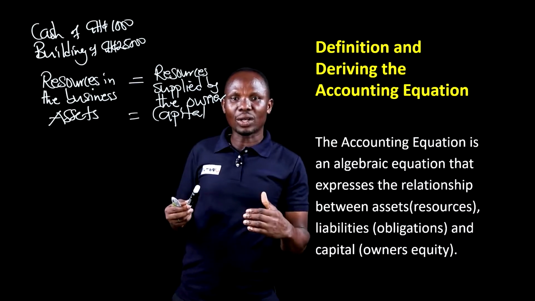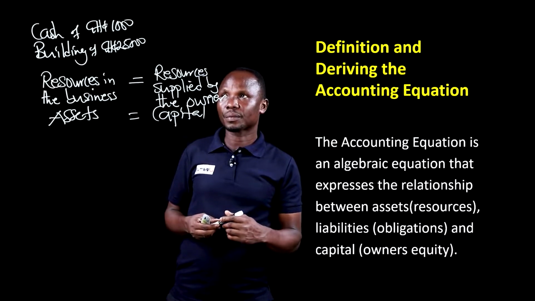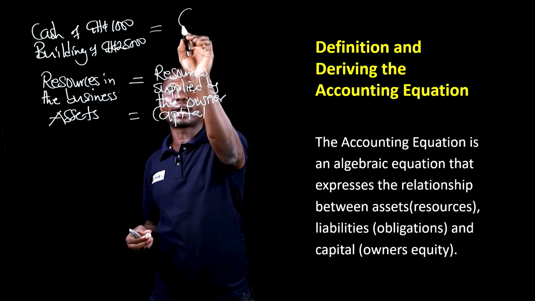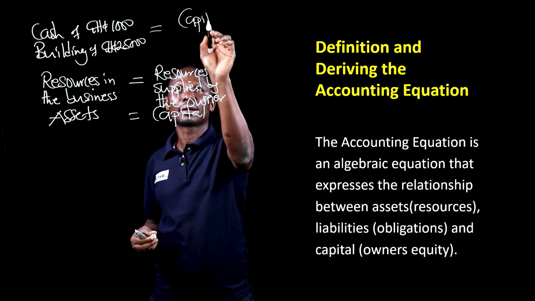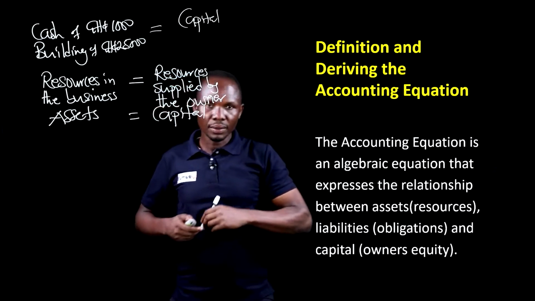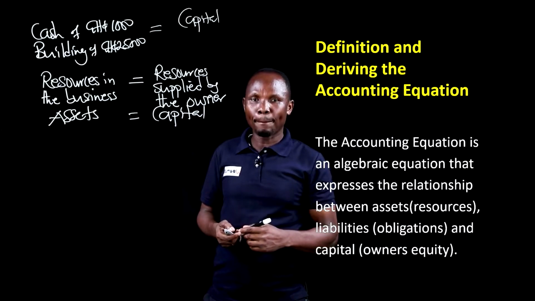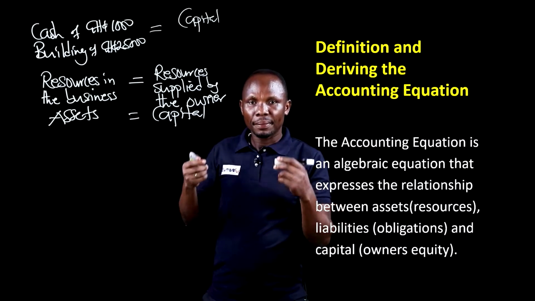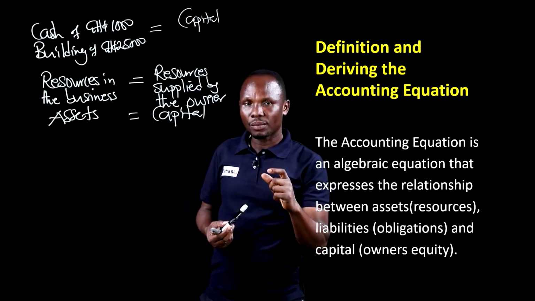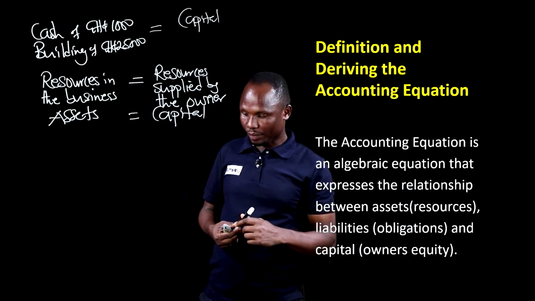Now, let us look at the impact of this transaction. So this one is equal to the capital. So now that Listowel borrowed 4,000 cedis from the bank as a loan, this transaction will affect the accounting equation.